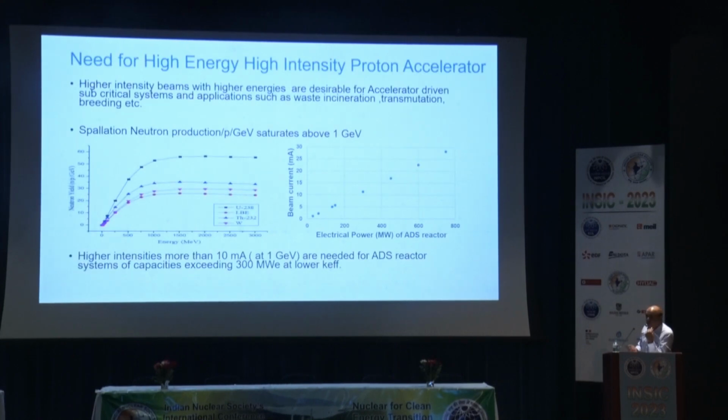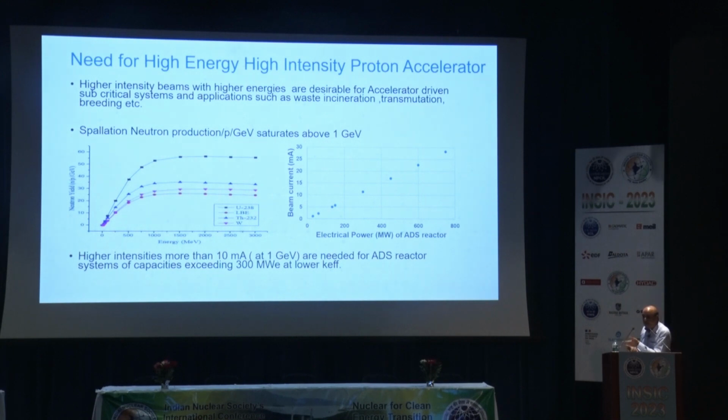Well, the need for high intensity proton accelerator is already established in the previous talks. We need energy of the order of 1 GeV and currents of the order of tens of milliamperes in order to go for the ADS systems.